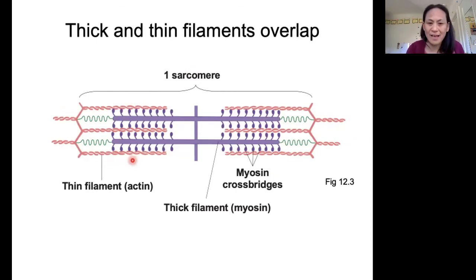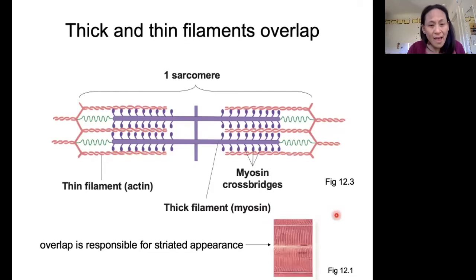Oh, last thing that I want to mention on this slide is that this overlap is what's responsible for the striated appearance in striated muscle. Okay, so you can see that there are dark areas. The dark areas are where the thin and thick filaments are overlapping each other. And then the lighter areas are where you don't have overlap, right?